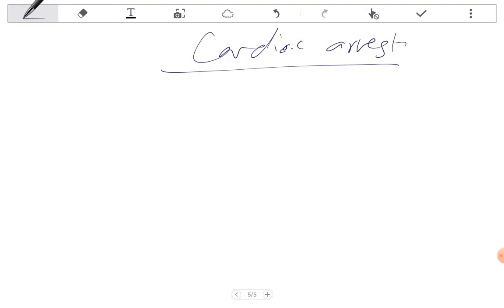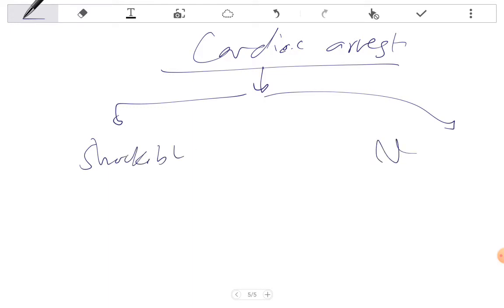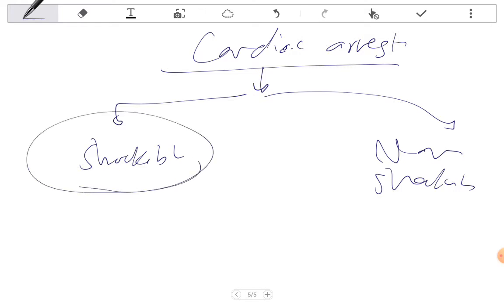We use adrenaline in cardiac arrest in both shockable and non-shockable rhythms. In shockable rhythm like VF or pulseless VT, we use adrenaline after the second unsuccessful shock.